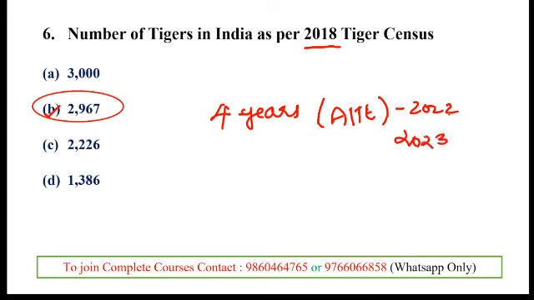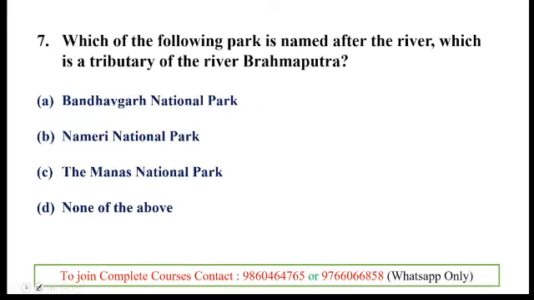The Forest Department officials say the 2022 census will be released in 2023, and the last census in 2018 says that the number of tigers in India is about 2967. Clear.